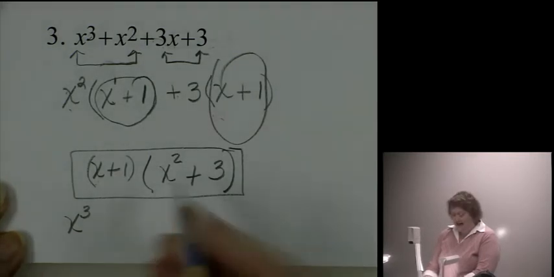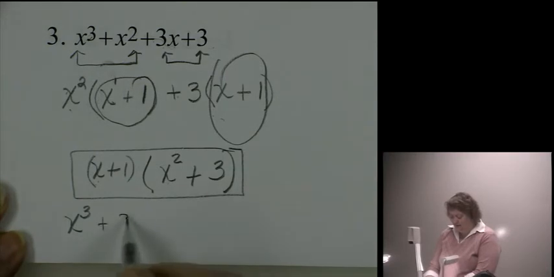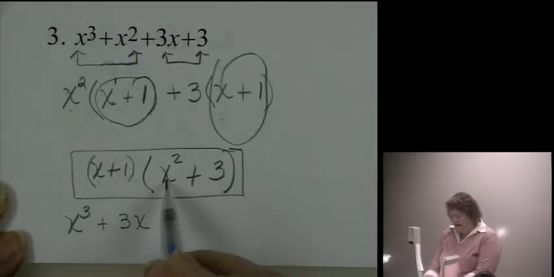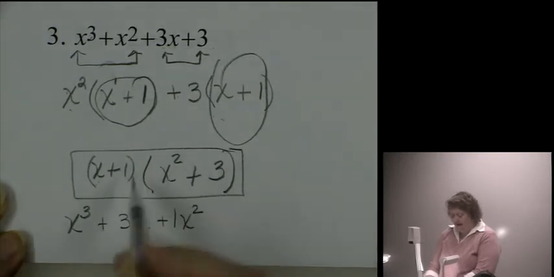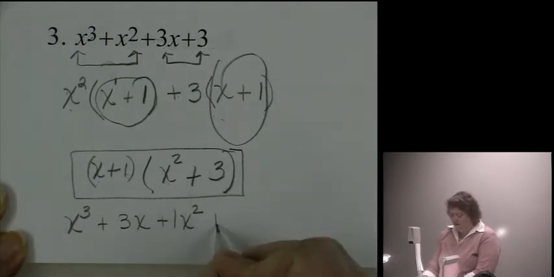Our outside, which would be 3 times x, which would be 3x. Our inside, 1 times x squared, 1x squared. And our last, 1 times 3, which is plus 3.